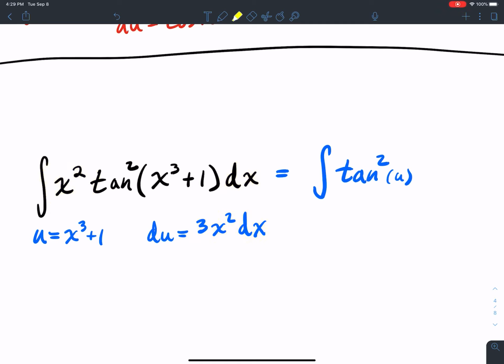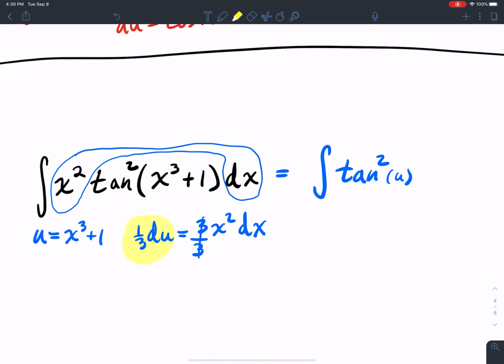You either solve for dx and plug in for dx here, or you make this look like that. To do that, I need to divide both sides by 3. If I divide both sides by 3, the 3's cancel, and so I'll get 1/3 du is equal to dx times x squared. So I'm going to put 1/3 du in right here to replace these parts right there.